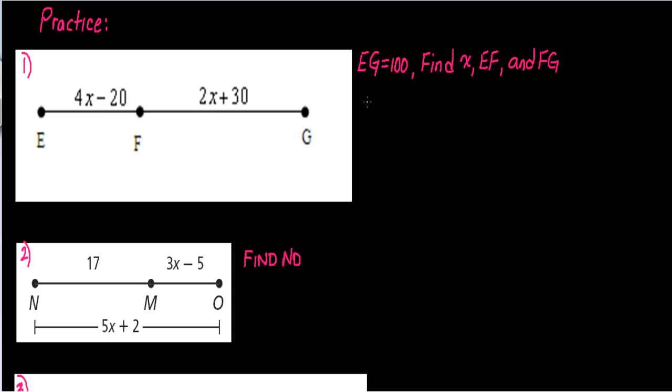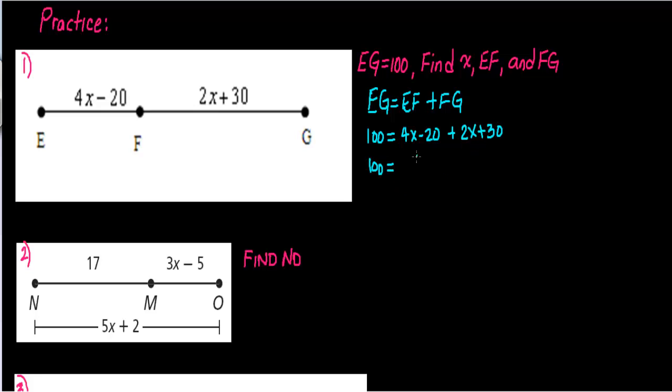For this problem, you always begin by writing the segment addition postulate. So I know that EG is equal to EF plus FG. EG is 100, so I'll substitute that value. EF is 4x minus 20 plus FG, which is 2x plus 30. Remember to combine like terms.